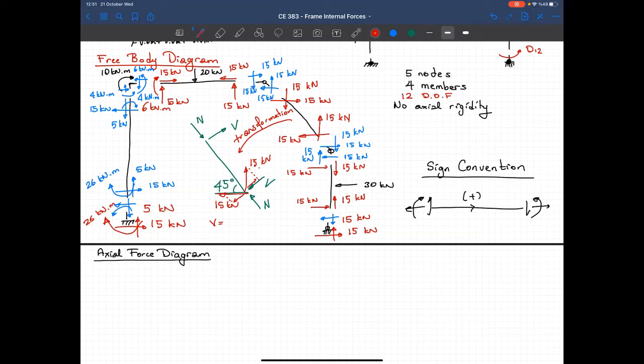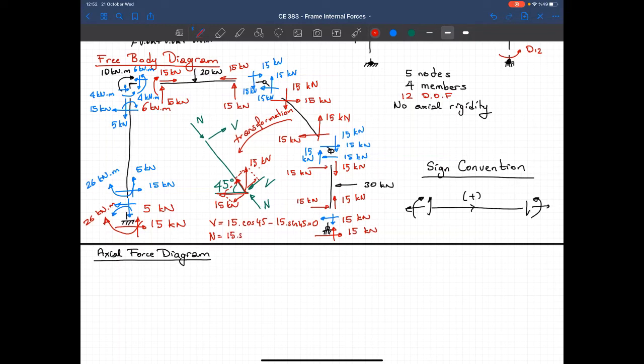Okay, so V is equal to 15 times cosine 45 minus 15 times sine 45, that's equal to 0. So the shear force is equal to 0. The axial force, I have to find this component plus that component of both forces.